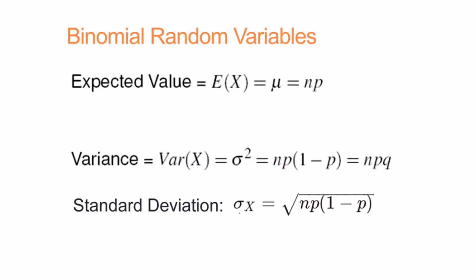Then we have the formula for the variance, which is n times p times q. But of course, we are most interested in the standard deviation, which is the square root of n times p times q, where q is equal to 1 minus p.